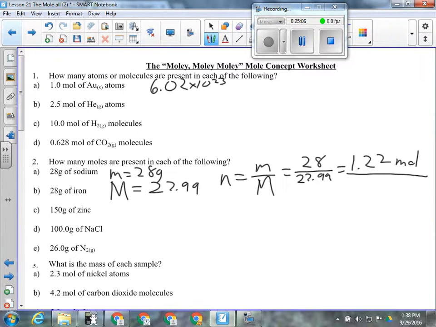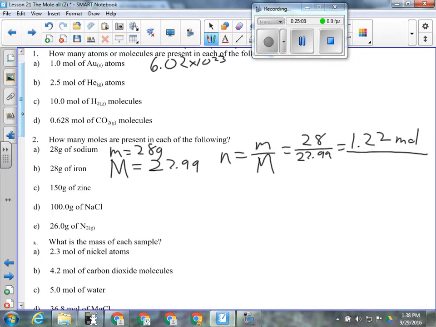All right, so let's have a look at 1D first. In 1D, I'm told I have 0.628 moles of carbon dioxide molecules. They want to know how many molecules I have. So this is how many moles I have. This is how many molecules are in 1 mole. What do I need to do with those two numbers? I need to multiply them. The number in 1 mole multiplied by the number of moles gives me the number of molecules.